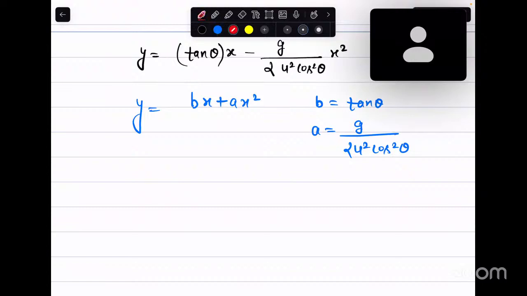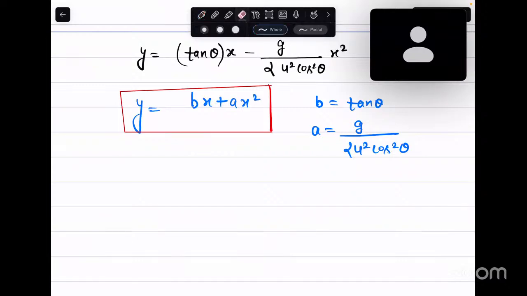So what is this equation? What does this equation represent? Yes, this equation represents which curve? Could anyone tell me? Anyone?